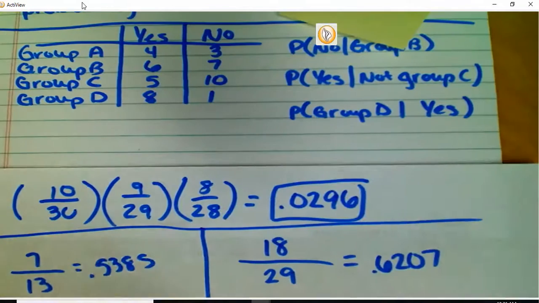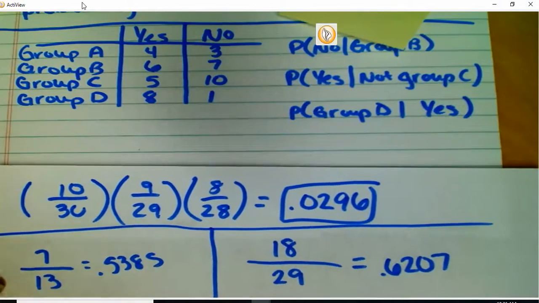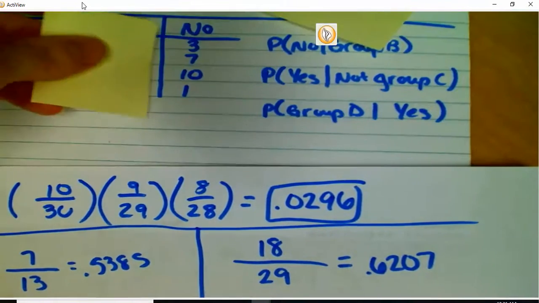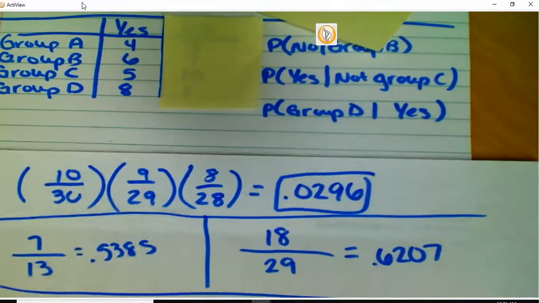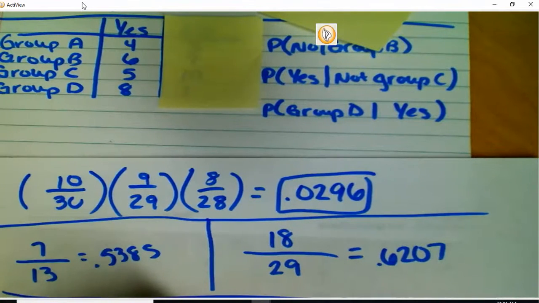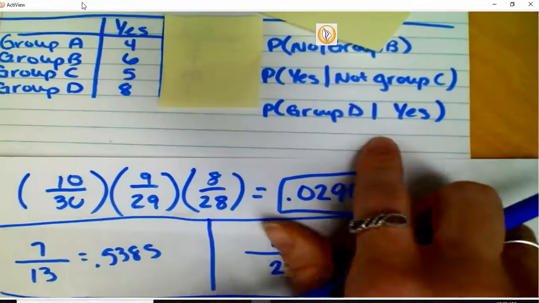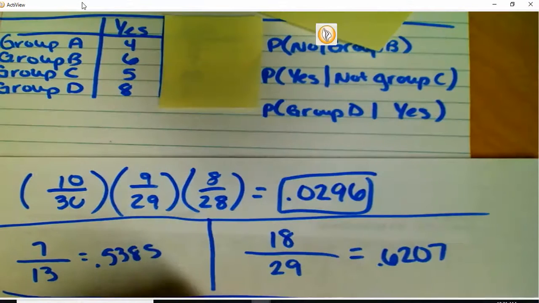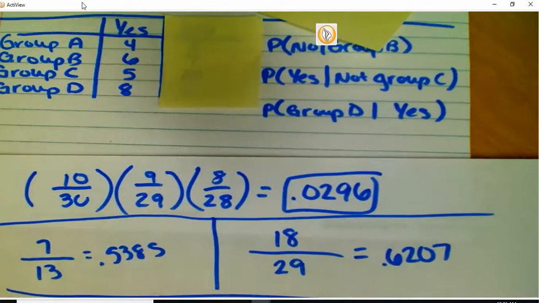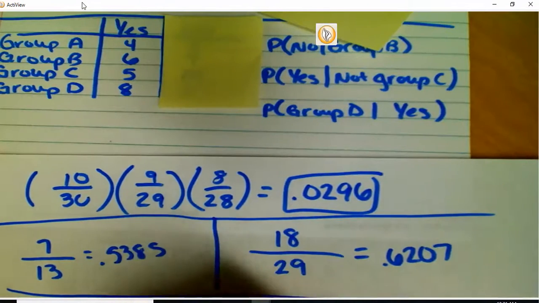Last one, group D given yes. So my denominator is just the ones that said yes, so that would be 23. Out of those, which ones were in group D? So 8 out of 23, or 0.3478.